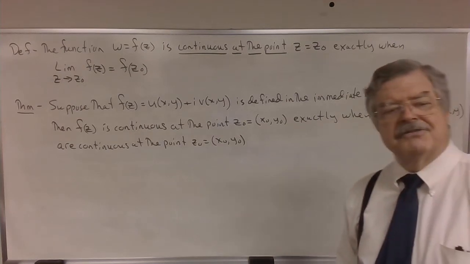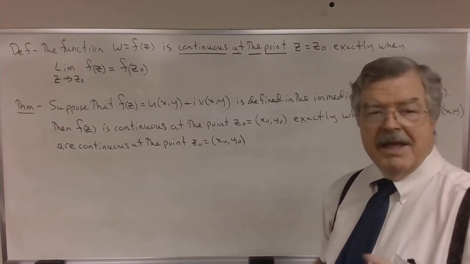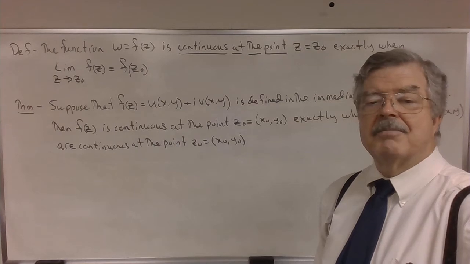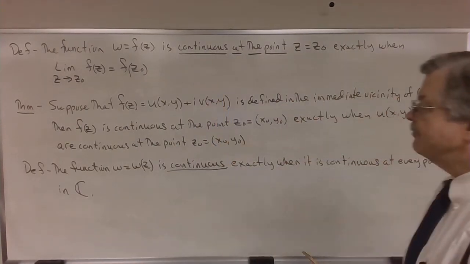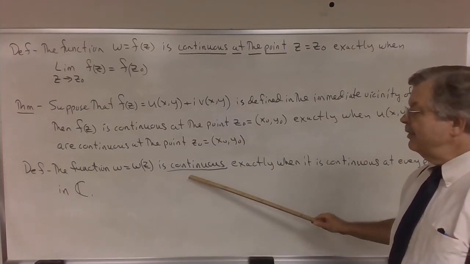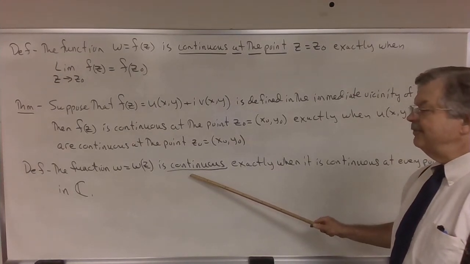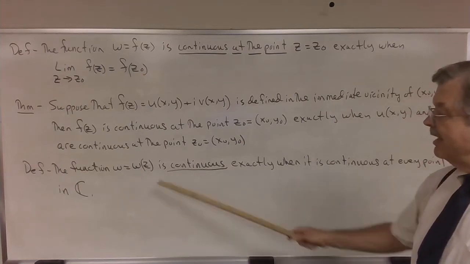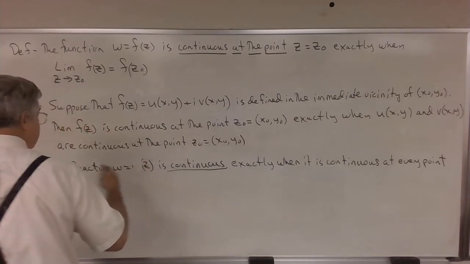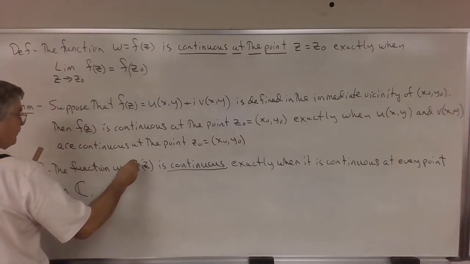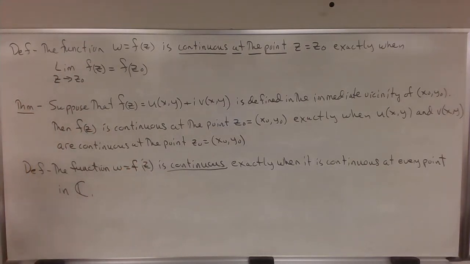And now I'll just define the term continuous as opposed to continuous at a point. A function w equals f of z is continuous exactly when it's continuous at every point in the set of complex numbers.